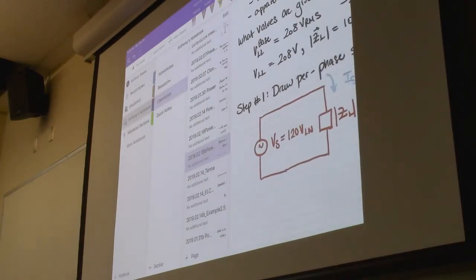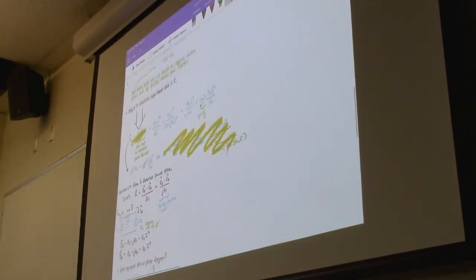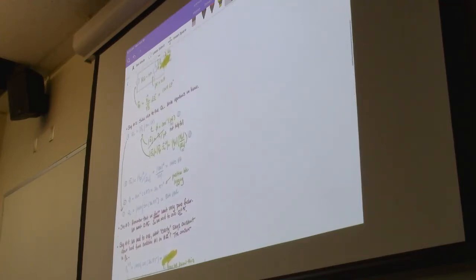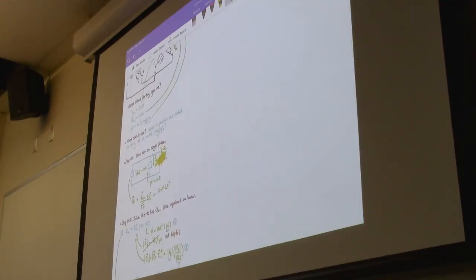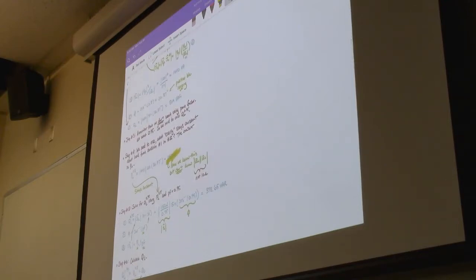Let's go back to it for 1 second. We also got, right, these two values. So the apparent power was 1152 plus 864.